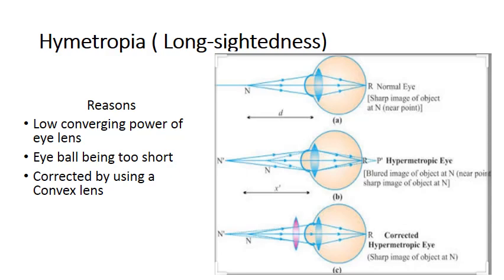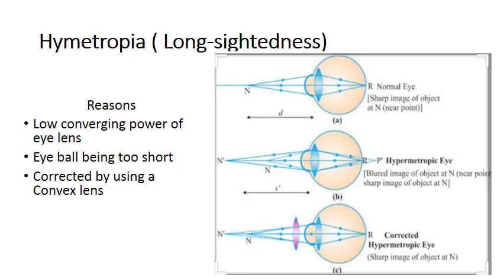Now, in a hypermetropic eye, we observe that the objects lying at far off distance can be clearly seen by the eye, but those objects which are very close to the eye cannot be seen clearly. In this case, the nearby distance, which is normally 25 centimeter for a normal human eye, becomes more than 25 centimeter, means it increases.